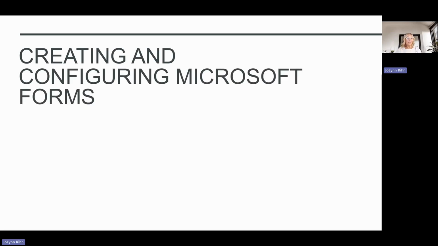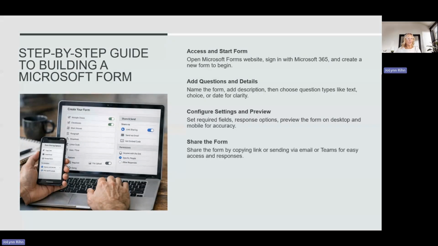So creating and configuring a Microsoft Form. We're going to walk through how to build a Microsoft Form. The process is pretty straightforward and really focuses on clarity, what you want for required fields, and having that consistent data collection. We want to be able to collect the data.